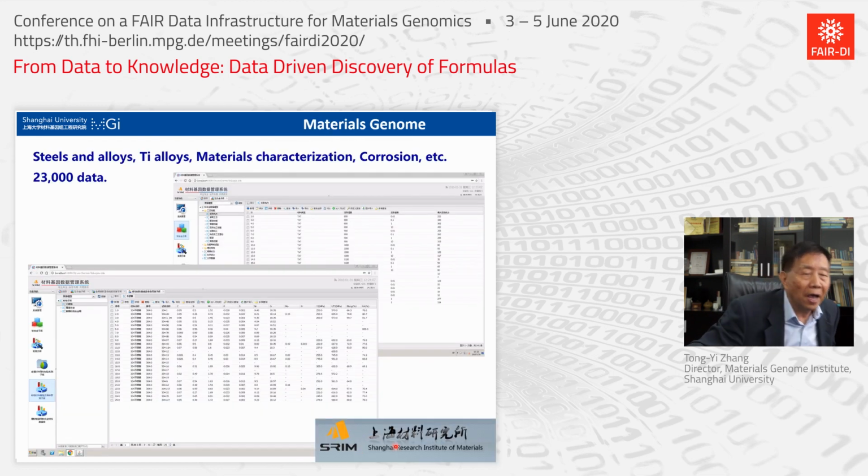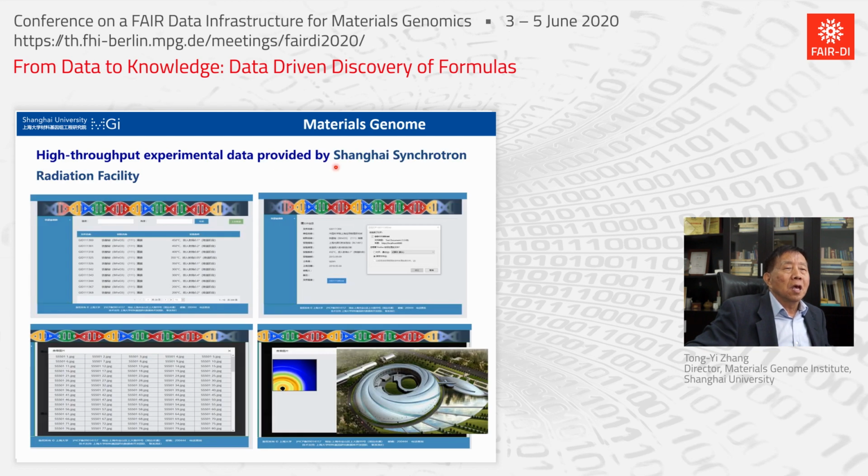The Shanghai Research Institute of Materials also provides data on steels and alloys, on titanium alloys, on materials characterization data, and on corrosion and protection data. The high throughput experiment data are provided by Shanghai Synchrotron Radiation Facility.